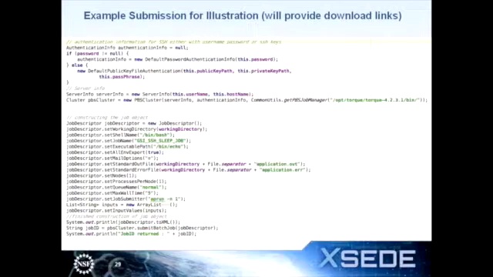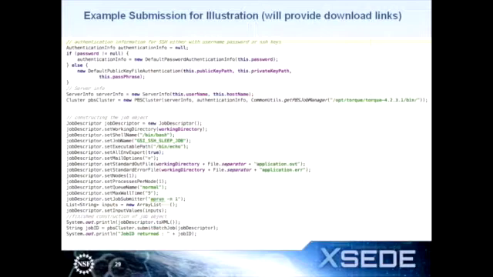Once you get that information, you create a job descriptor, which describes your job: the executable, mail options, standard out, number of nodes, processes per node, wall time and all these things. Once you fill out this job descriptor, you just pass it to the submit batch job method, and it will return you the job ID.